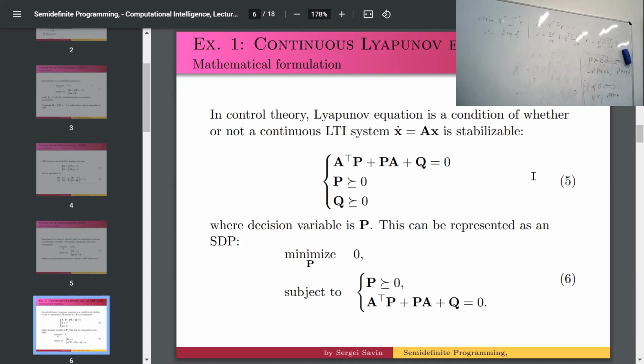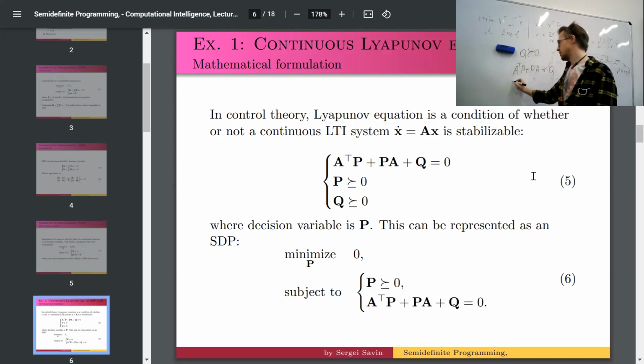Now we have our equation in the form less than or equal to minus Q. So we want this to be negative semi-definite. So if Q is positive semi-definite, then being smaller than minus Q would mean that this whole thing is definitely negative semi-definite, right?